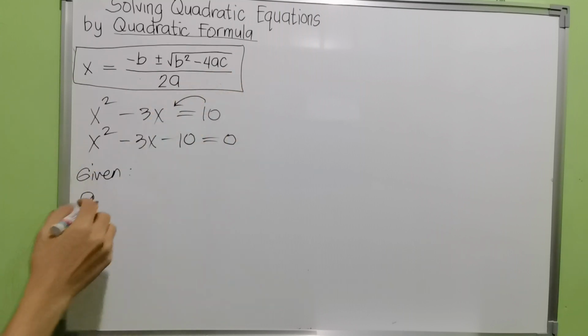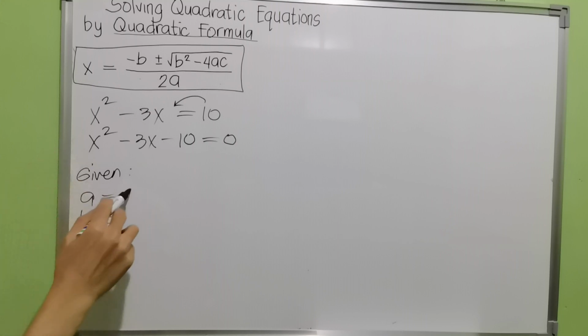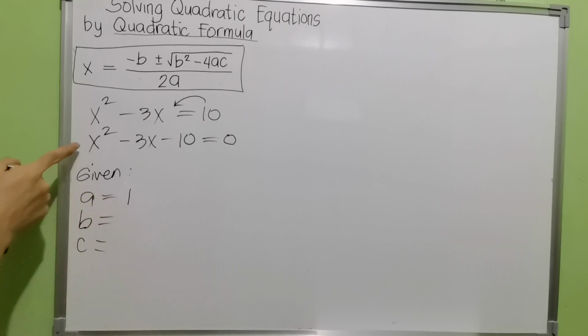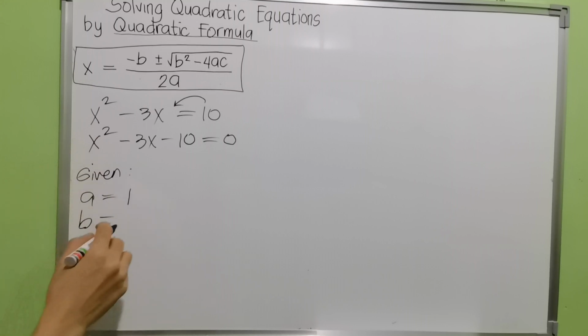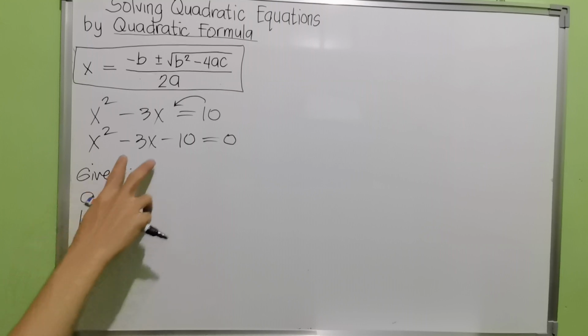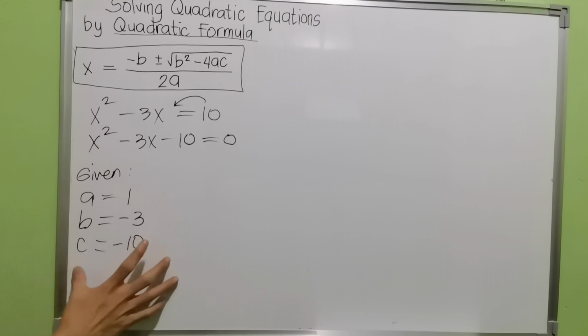The value of a is 1, which is understood as the coefficient of x squared. The value of b is negative 3, the coefficient of the second term. The value of c is of course negative 10, which is the constant term or the whole number. So we have all the given numbers.